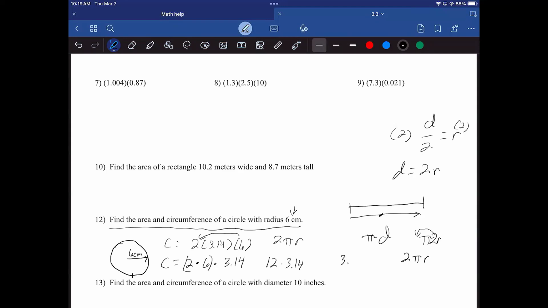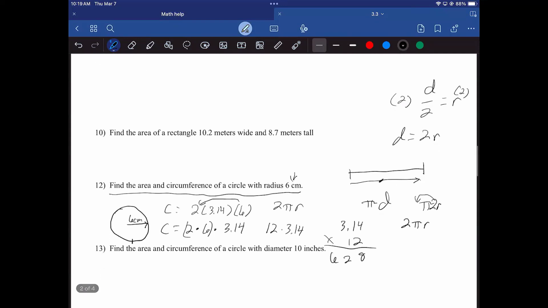So I say 3.14 times 12. 2 times 4 is 8. 2 times 1 is 2. 2 times 3 is 6. All right. Put a 0 here so I don't lose track of it, because I'm starting off here in the tens column. That's why we put that 0 there, so we don't forget that's where I'm starting off.